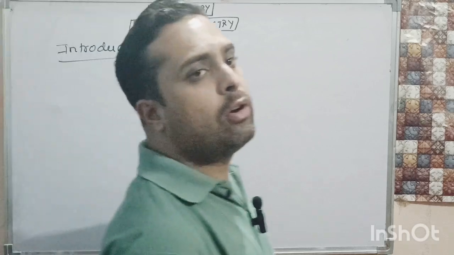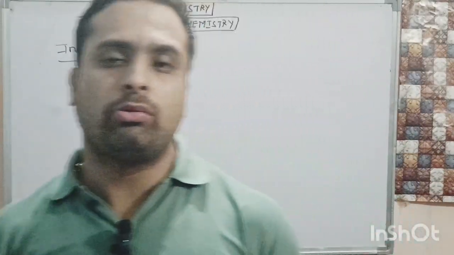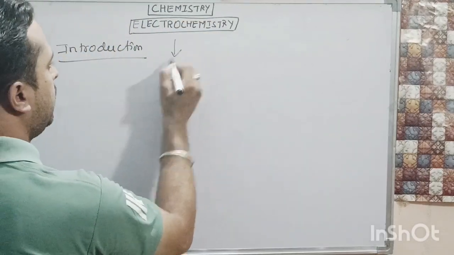Electrochemistry is that branch of chemistry which deals with the production of current through spontaneous chemical reactions.